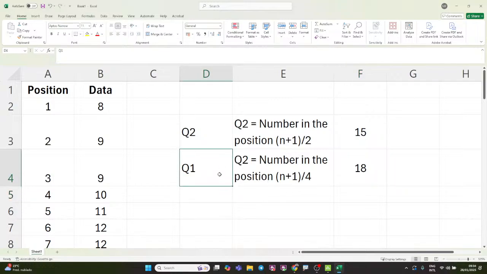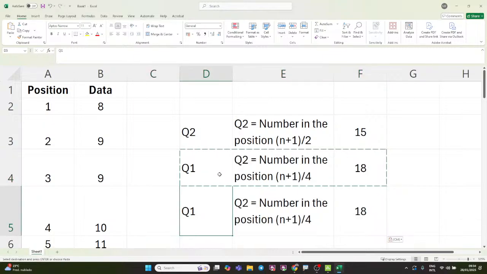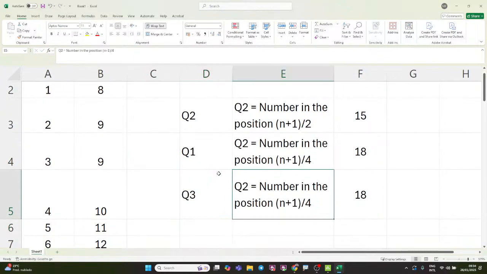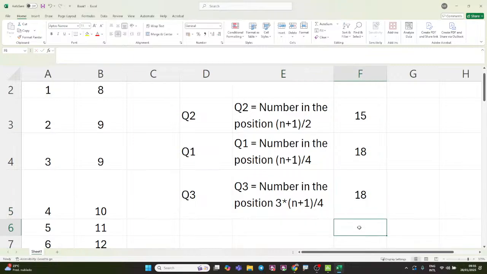And then for Q3, oh, and this is Q1. For Q3, I just need to take 3 times n plus 1 divided by 4. So in terms of position, let me put here position.